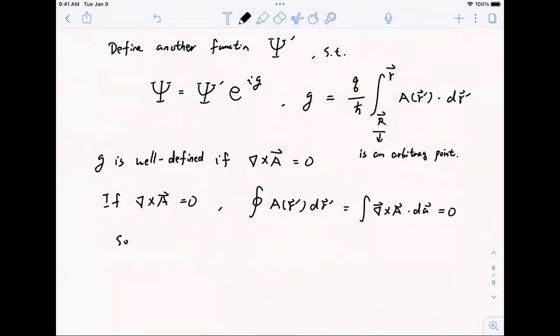So this integration does not depend on the path.